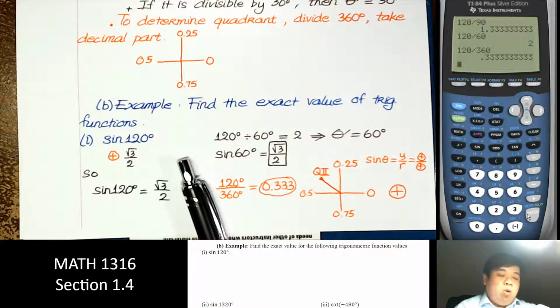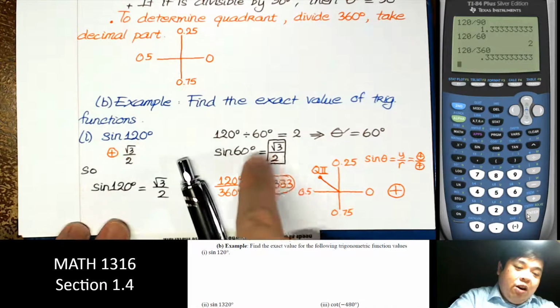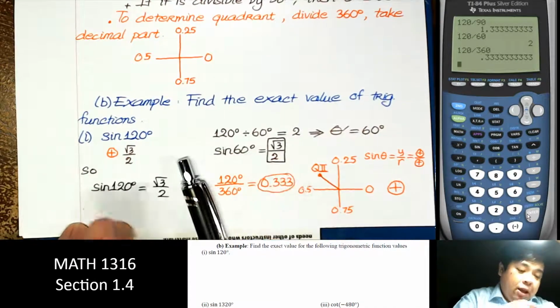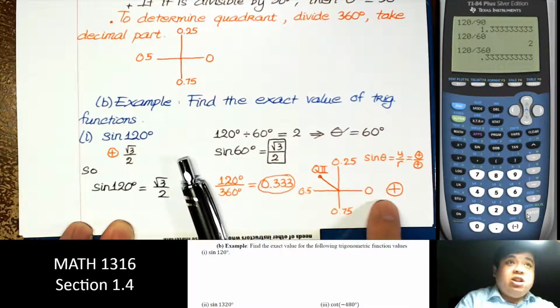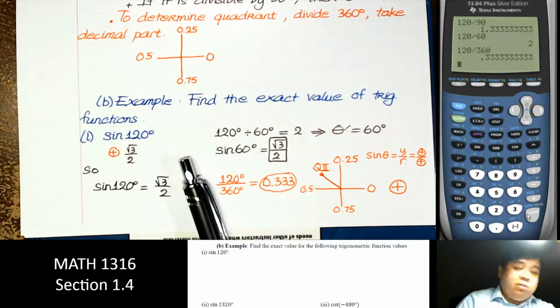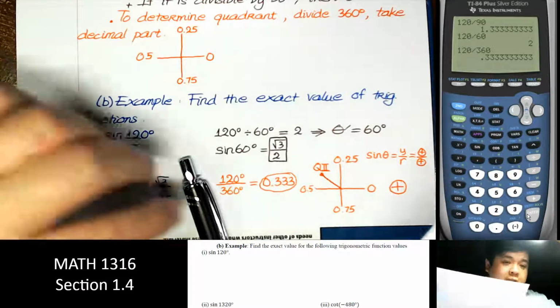I did not memorize any of this. You don't need to memorize any of these values. Right. So use the reference angle to find the values and use the quadrant to determine the sign. We need the values and we need the sign. Right, moving on.